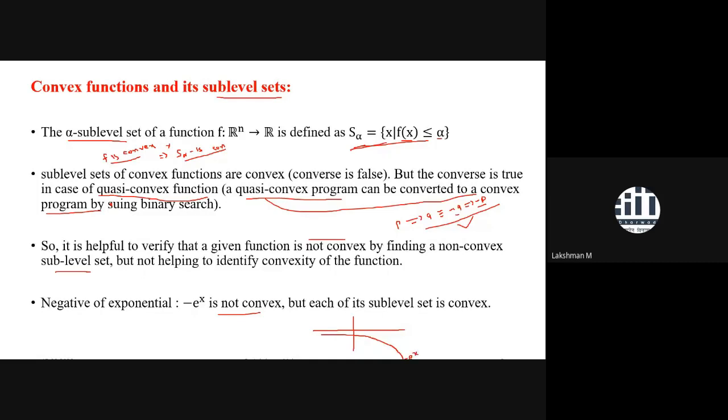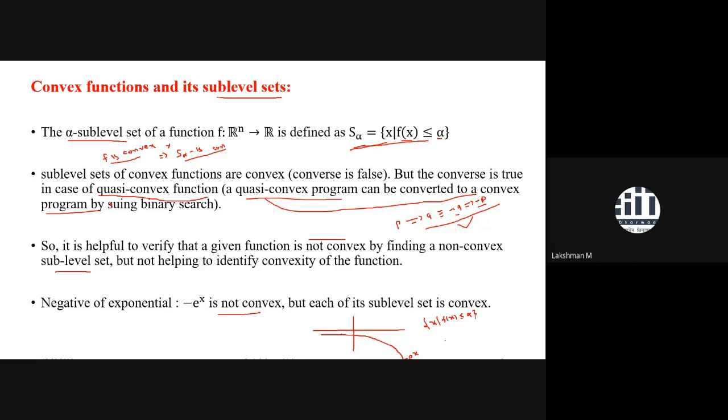You can observe that if you define any sublevel set, so how can you define a sublevel set? Always you define the set of x such that f of x is less than or equal to alpha. This is the definition of the sublevel set, S alpha.